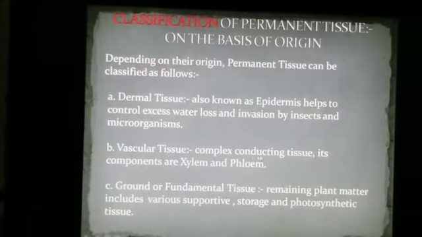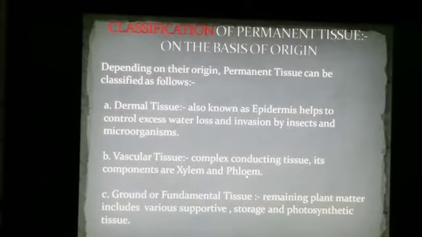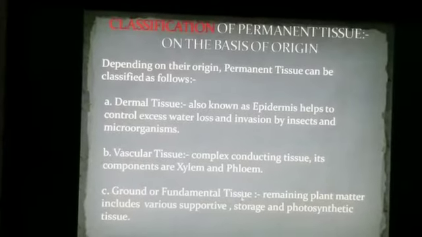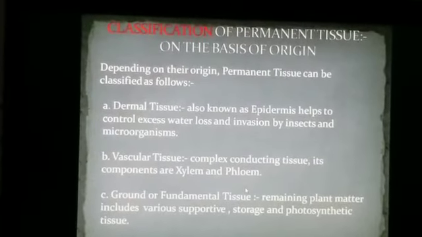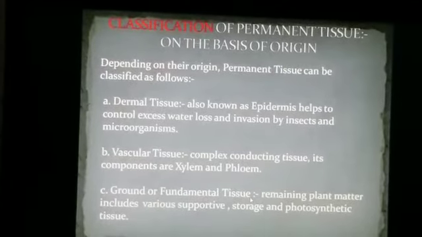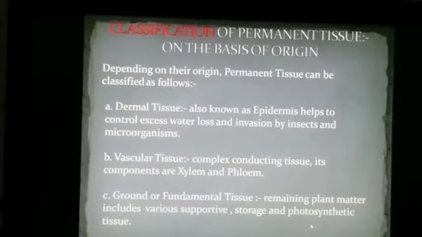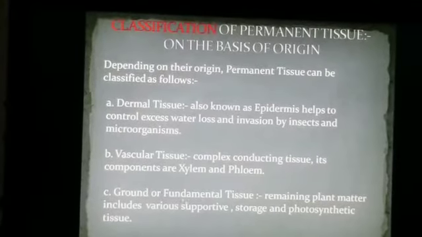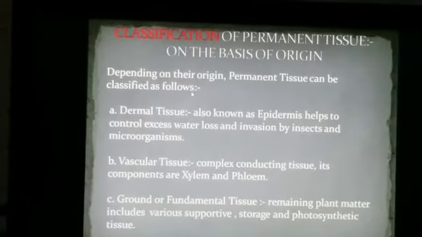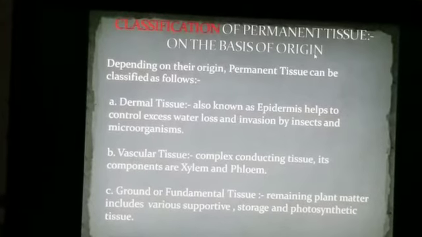It is a complex conducting tissue and its components are xylem and phloem. Last, ground or fundamental tissues. All the remaining parts of the plant body come in ground or fundamental tissue, whether they be supportive, storage, or photosynthetic tissues. This is the classification of permanent tissues on the basis of their origin.